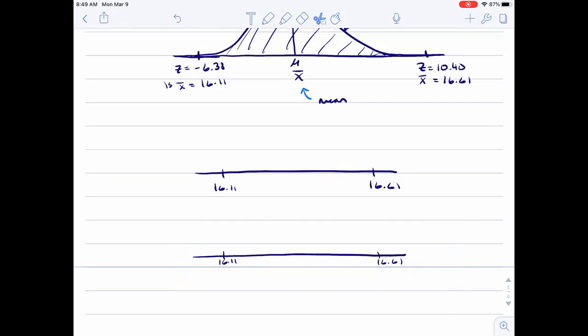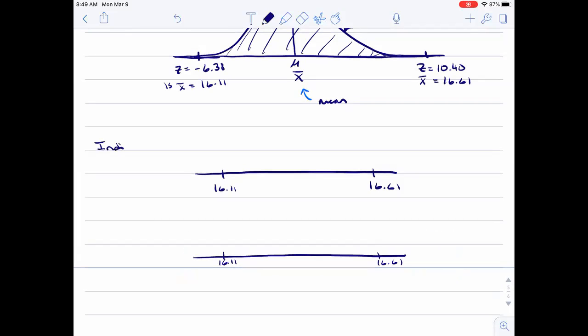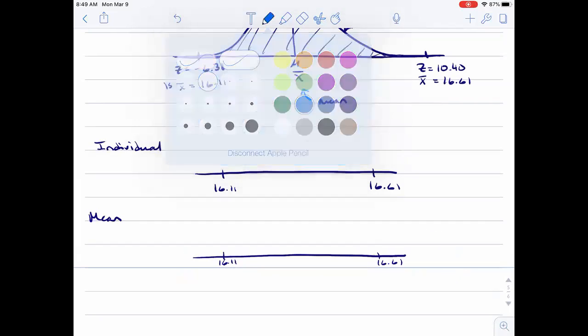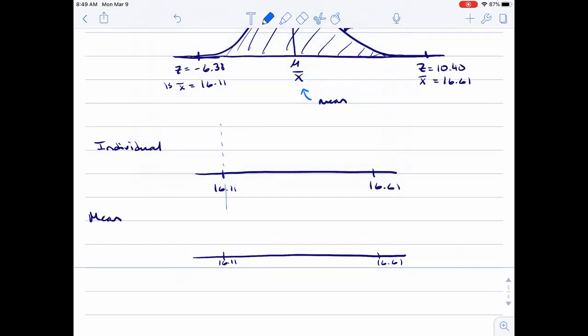If we're talking about an individual versus a mean, now I've got these guys pretty much lined up, 16.11 and 16.61.